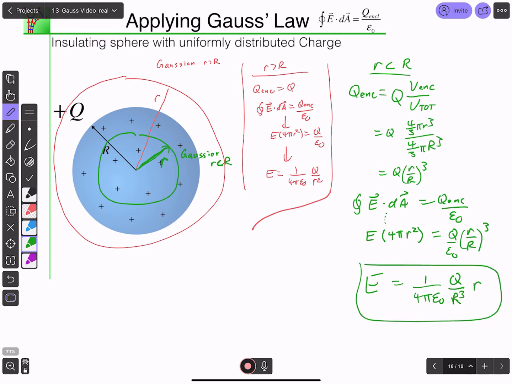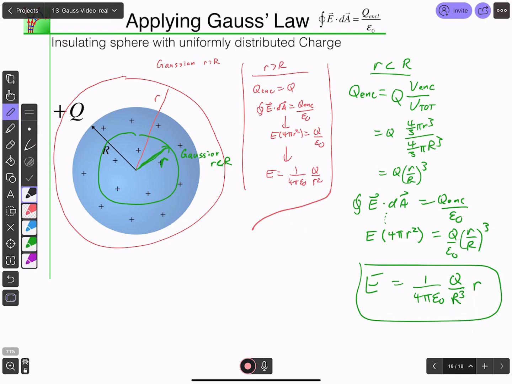So the electric field is 1 over 4 pi epsilon naught Q over R cubed, that's all constant, times r. Sorry, that's inside, right? We're inside the sphere. So the electric field gets stronger as you get further and further out. At r equals 0, it's 0, and then it increases, getting larger and larger until it reaches the surface. Then it switches to this, where it goes off as 1 over r squared.